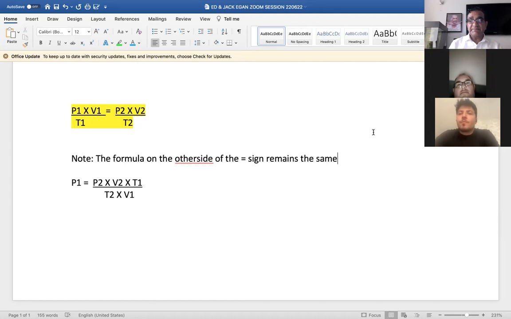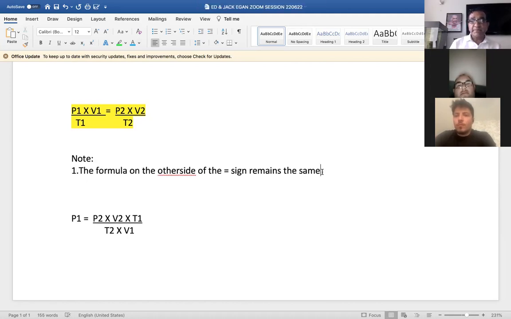So we looked at P1 and we said the formula on the other side of the equal sign remains the same. That's point number one.